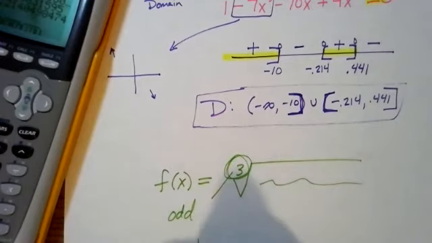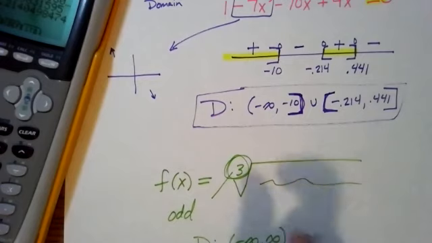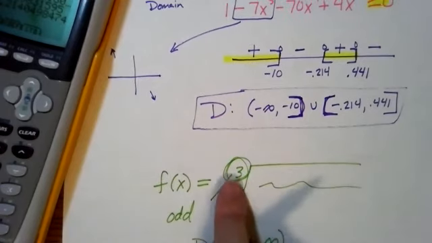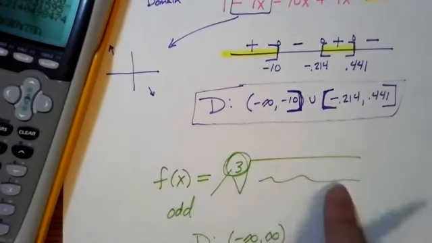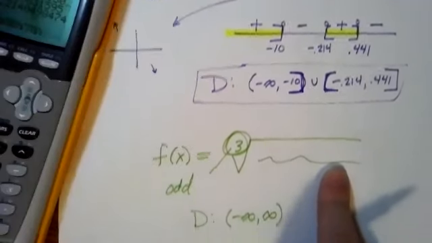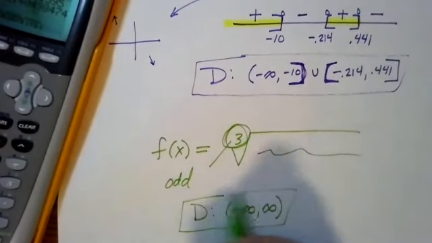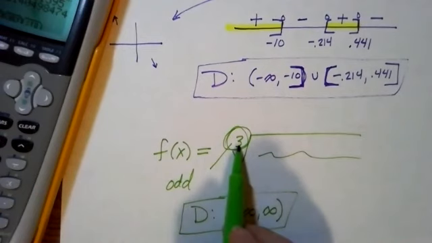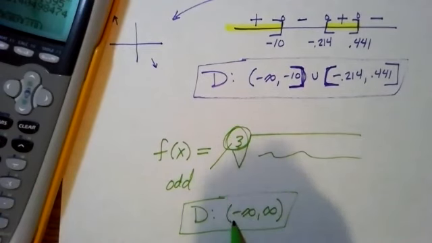In other words, the domain is anything is okay, negative to positive infinity, because you can cube root or take any odd root of anything you want. There's no restriction. So don't let those problems throw you. Those are probably the easiest ones. Be on the lookout for odd roots. Answer is always negative to positive infinity on the domain.